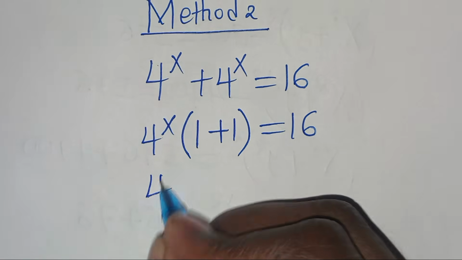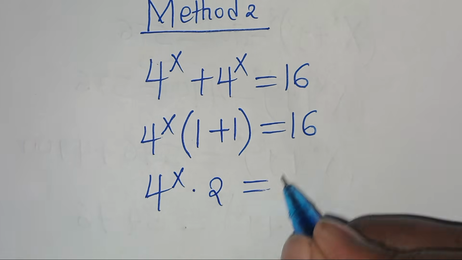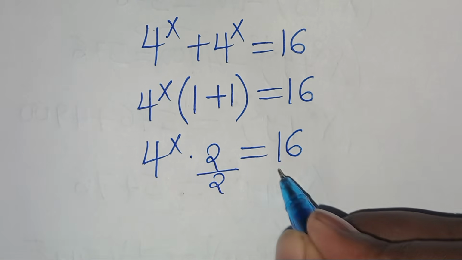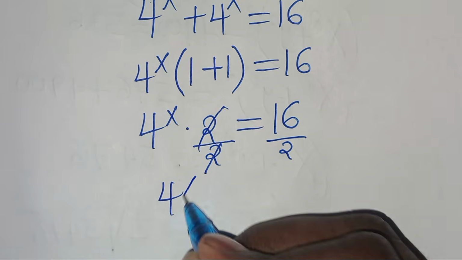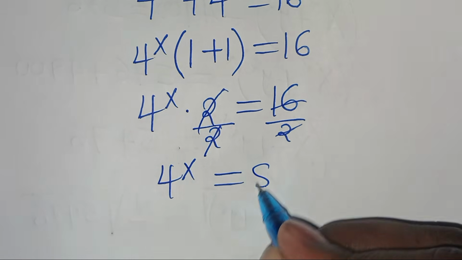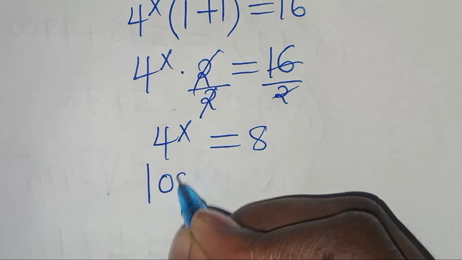Now, this is 4 to the power of x times 1 plus 1, which is 2, equal to 16. So let's divide both sides by 2, so that we have 4 to the power of x equal to 16 divided by 2, which is equal to 8. To solve for x here, let's introduce logarithm on both sides.